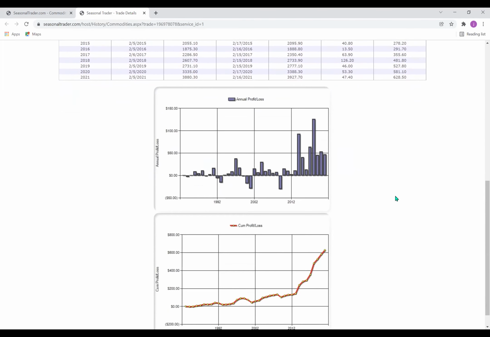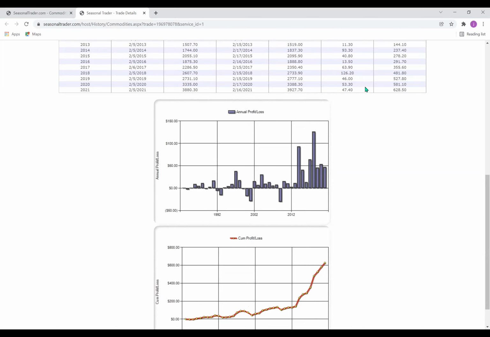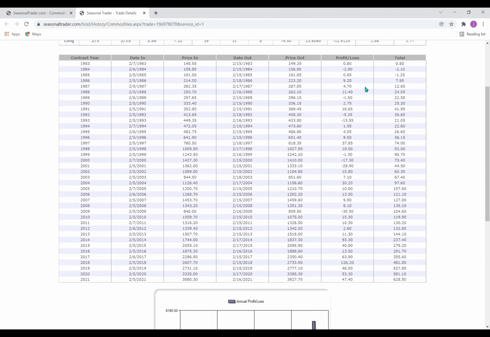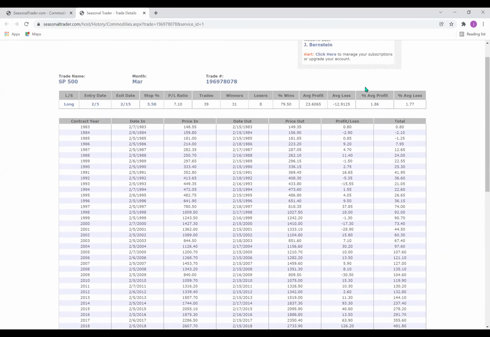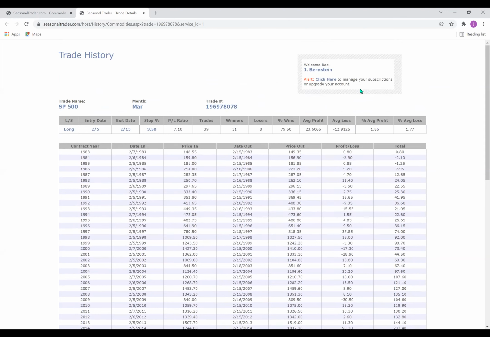Cumulative profit, year by year, every single year, very high probability. So what else do I know about this trade? I will need a stop of 3.5%. My first target will be 23.6 S&P points. My average profit, my average loss, everything I need to know about this trade, completely clear.